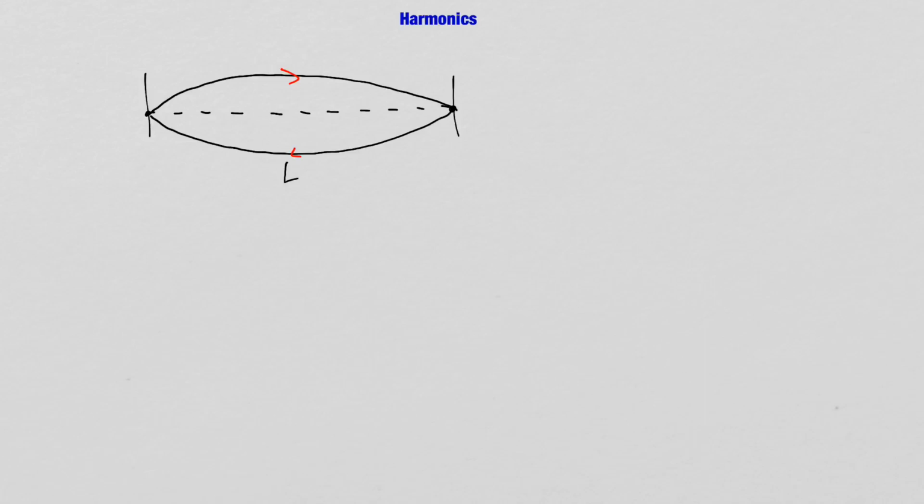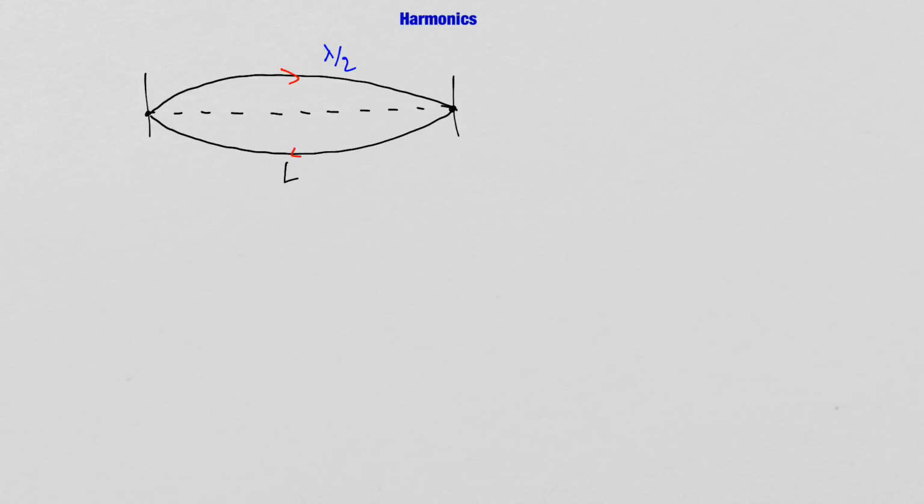Now, how many wavelengths fit the length of the string? Just a half of a wavelength. The wave from the left fixed end to the right fixed end is just half of a wavelength. And then on the way back, we have another half of a wavelength.